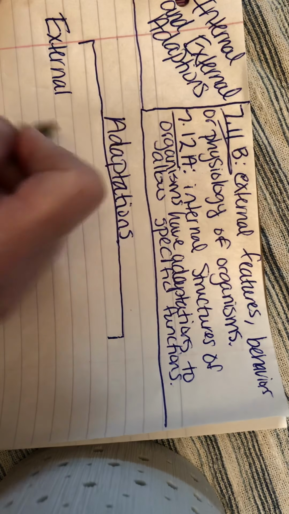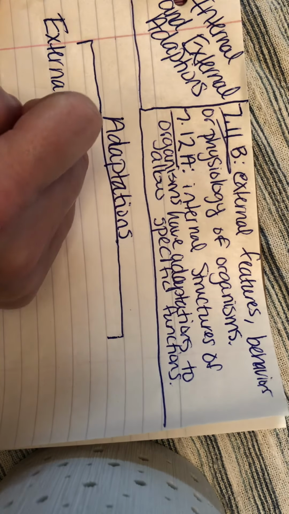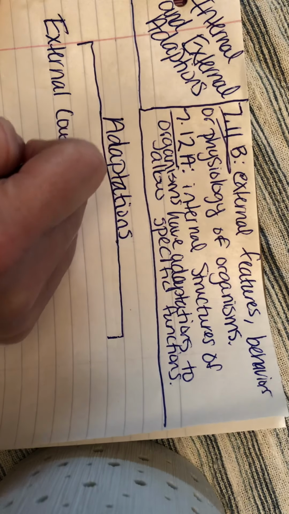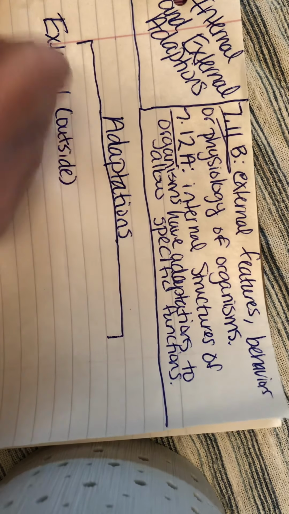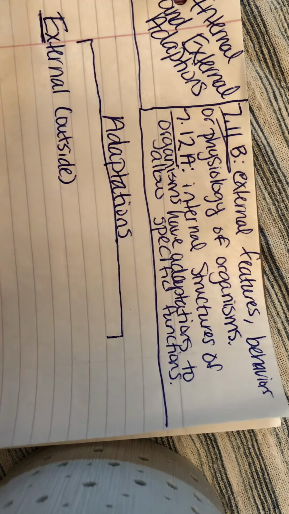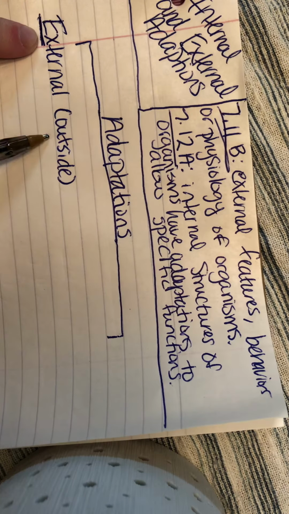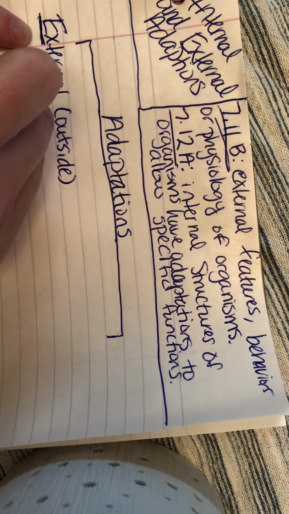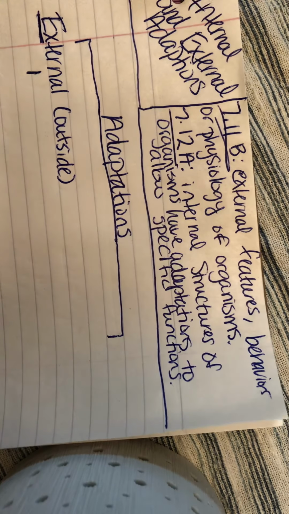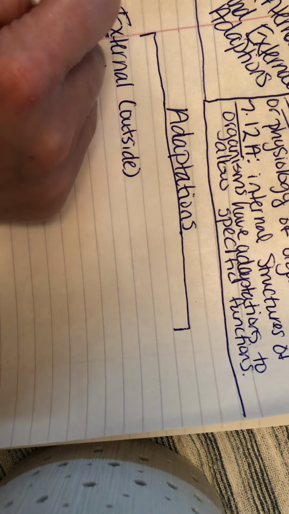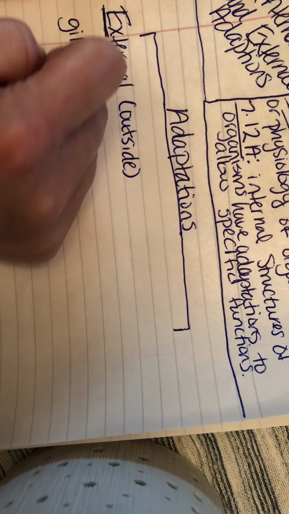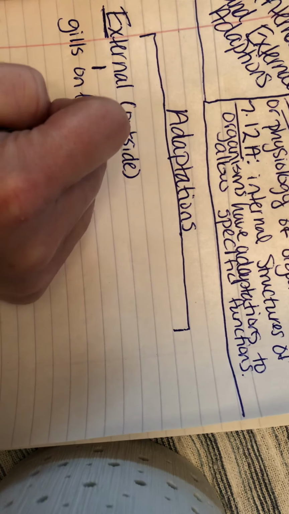When you think of external, you should think of adaptation on the outside. So EX is going to be your clue that it's on the outside of the organism. For example, gills on a fish. We see gills on a fish, so that would be an external adaptation.